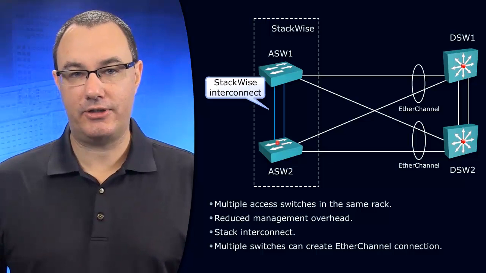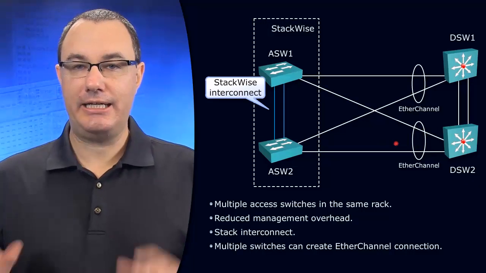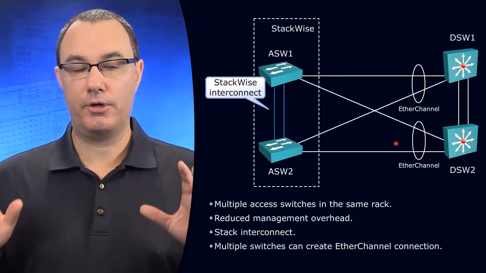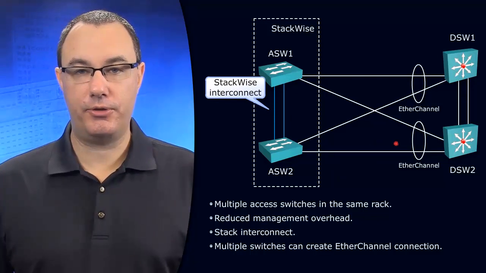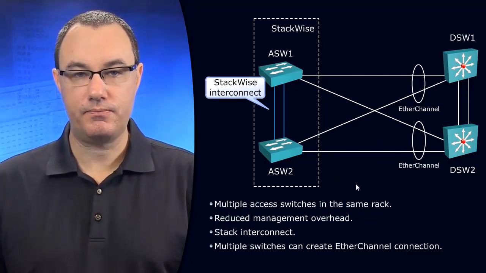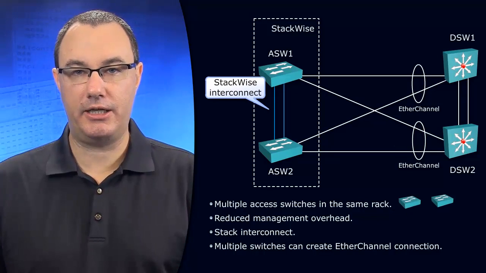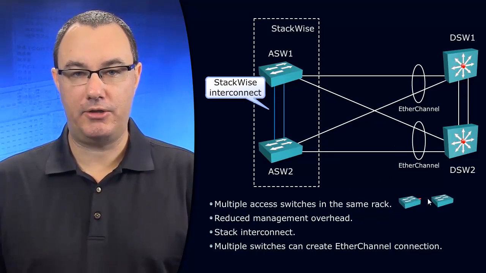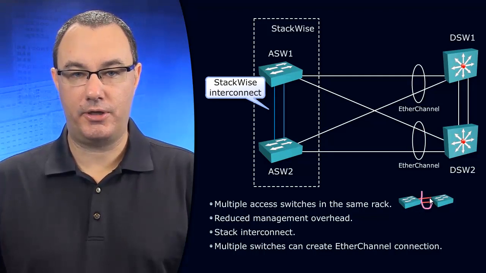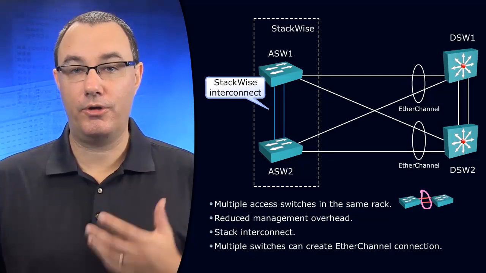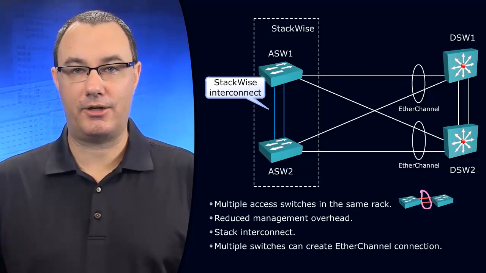What that means is I have an Ether channel between more than just two physical boxes. Usually when you think of Ether channel, you think of an Ether channel with maybe 2, 4, 8, 16 links between them, and then you bundle those together. What we're doing is something really, really radical.